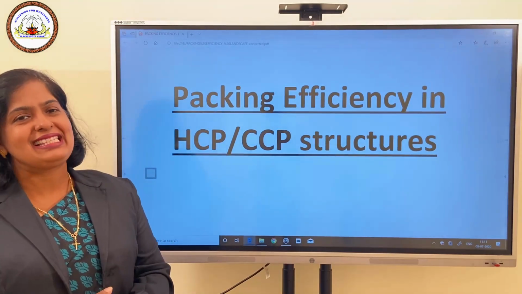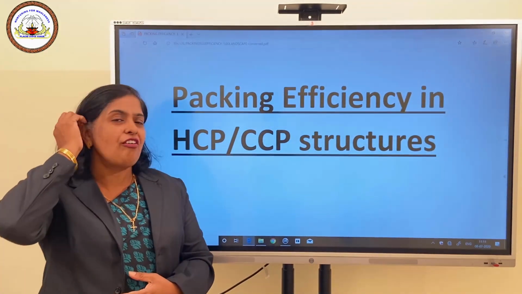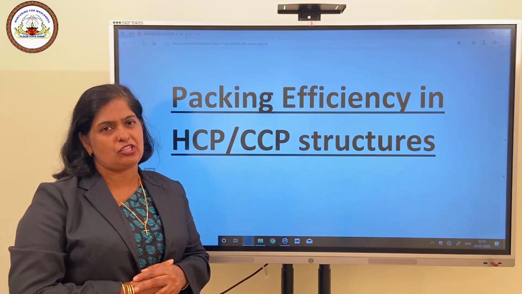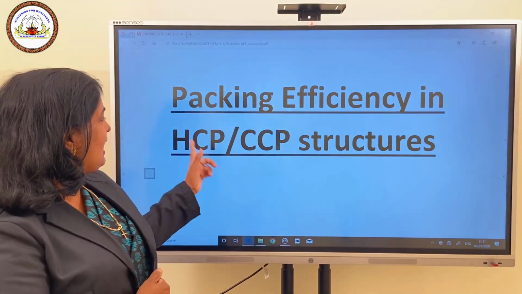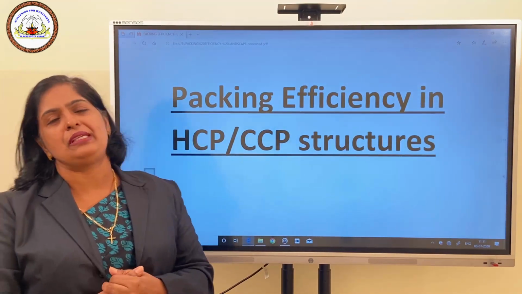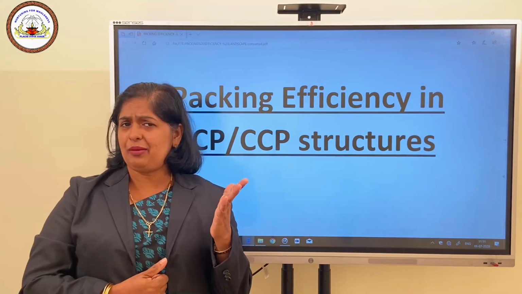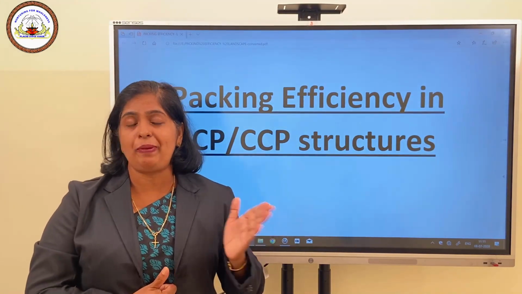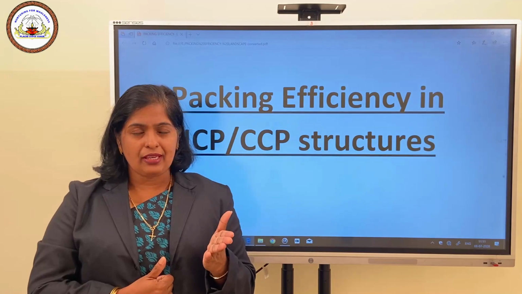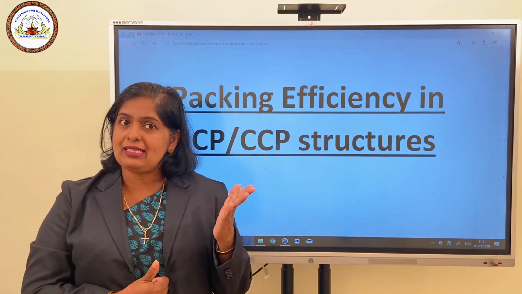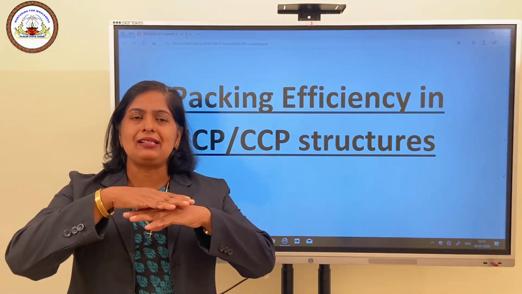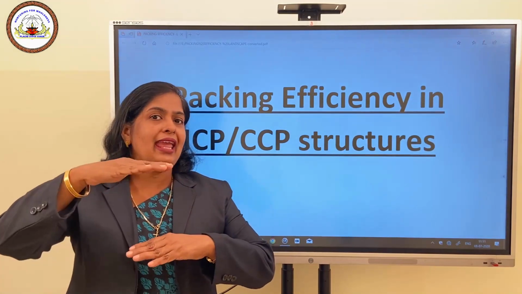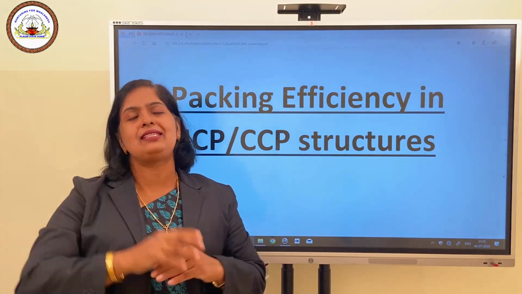Now we will see the packing efficiency of each close packed structure. To begin with, HCP or CCP structure. HCP, hexagonal close packing. CCP, cubic close packing. We know what is HCP, where the particles are arranged in the pattern ABAB type.